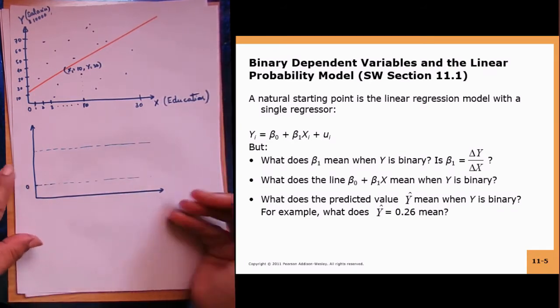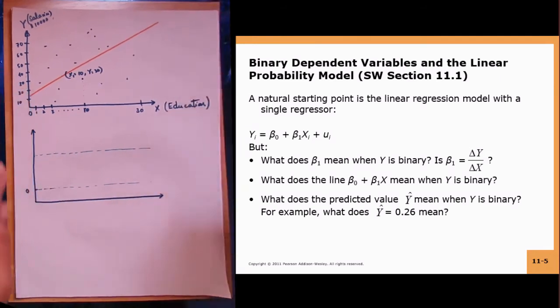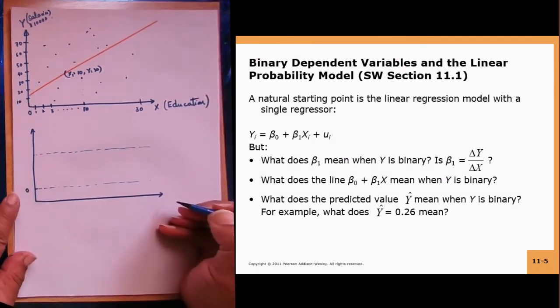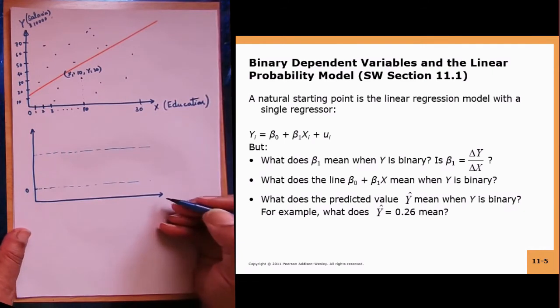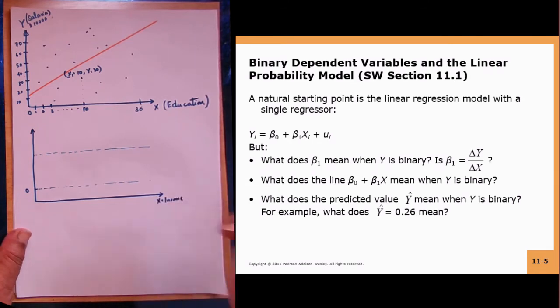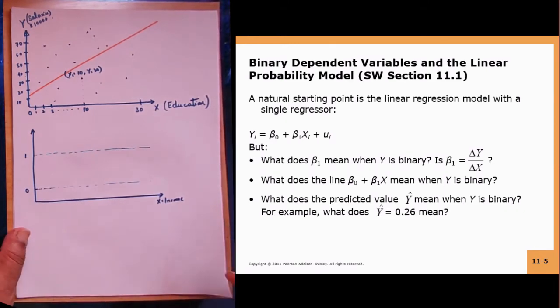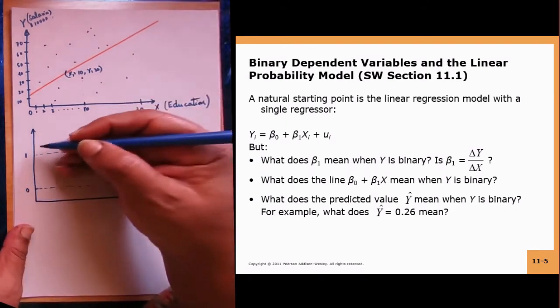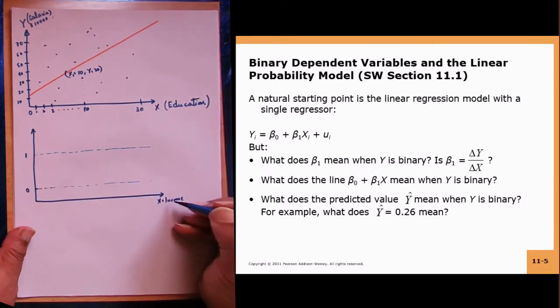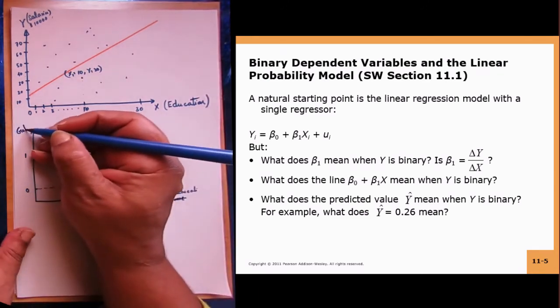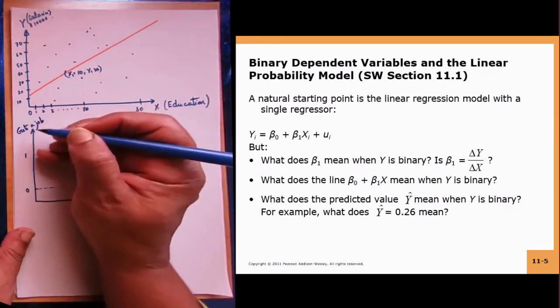And say this is your independent variable, x equals income of the applicant. Okay, let us take another example. Let us say x is equal to education, and y is whether one gets a job or not.